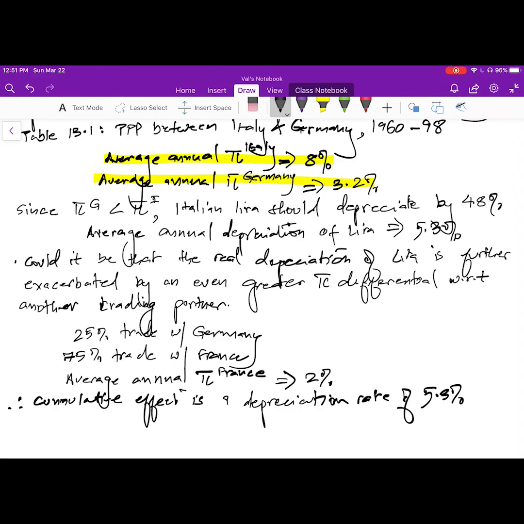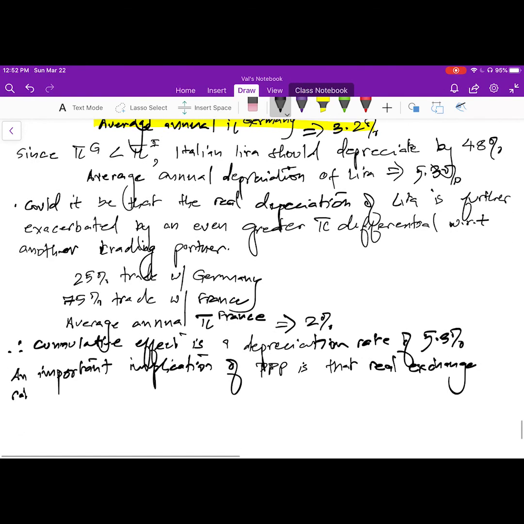But the key takeaway here is that an important implication of purchasing power parity is that the real exchange rate, EP over P star, is constant, right?